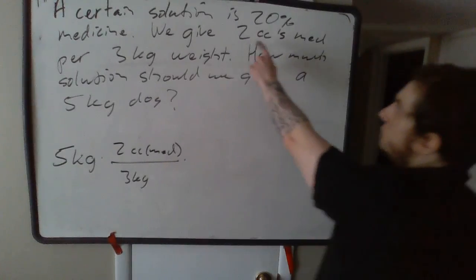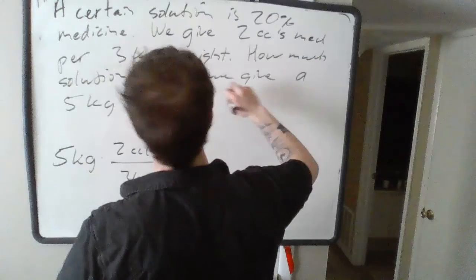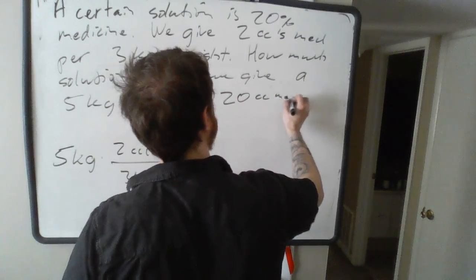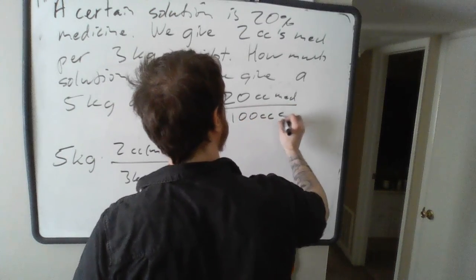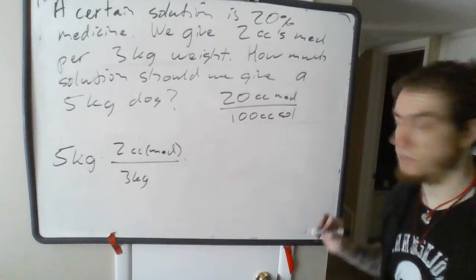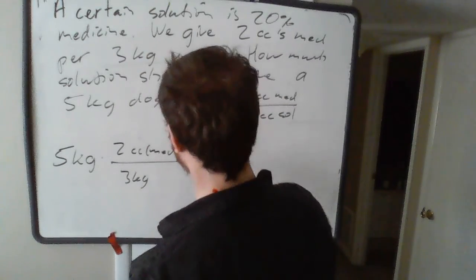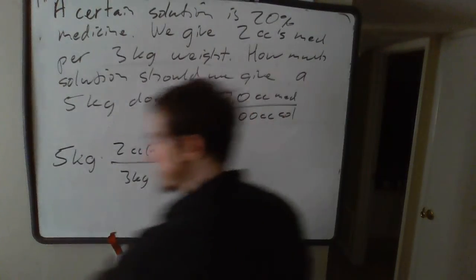And then the solution is 20% medicine. So that means that there are 20 cc's medicine per 100 cc's of solution. And if I take the reciprocal there, that's going to give me, okay, I really have no room on this board. My apologies about that.